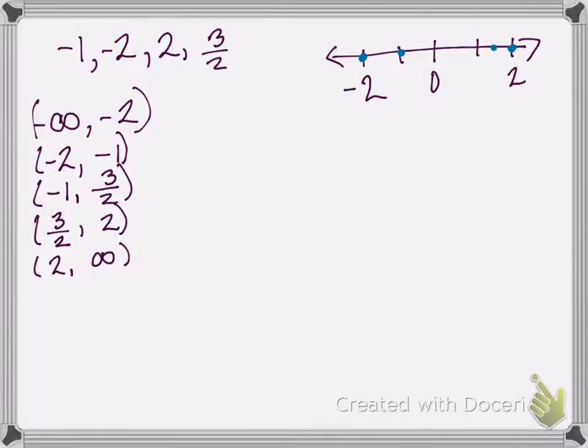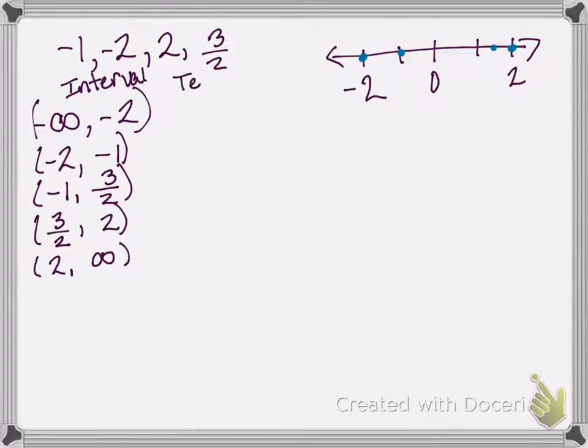Okay? So then we are going to do a test point inside each one of these intervals. So I'm going to write interval right here so that we know that is the interval that we're talking about.